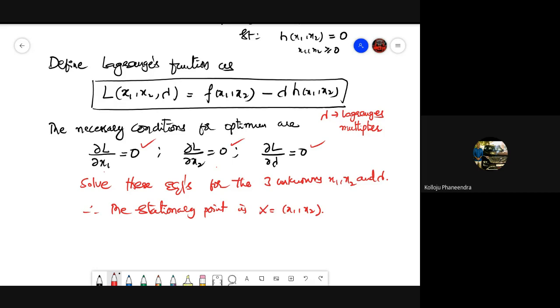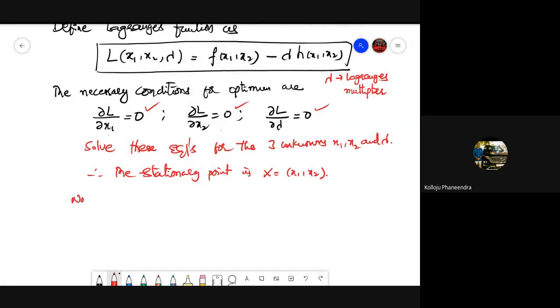Now whether this point gives maximum value or minimum value, I have to decide that. We have to find whether the point x equal to x1 comma x2 gives maximum or minimum to the objective function.